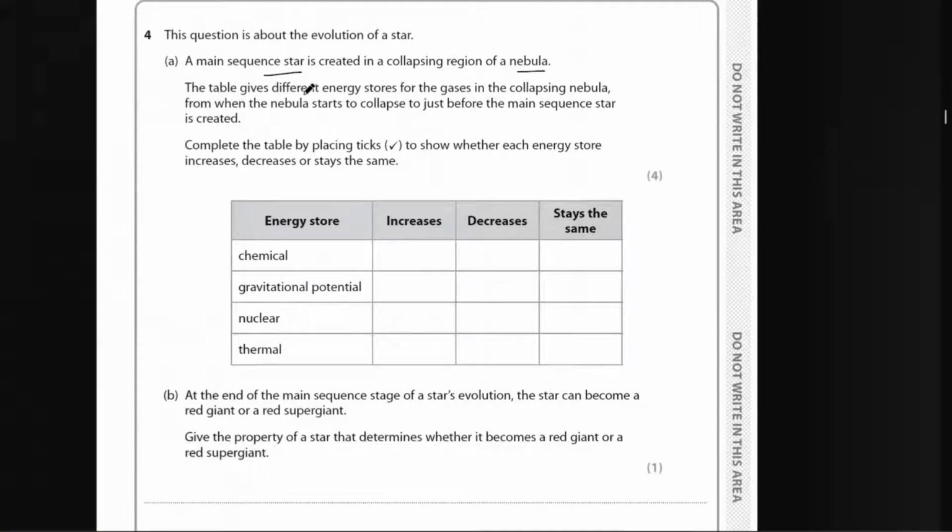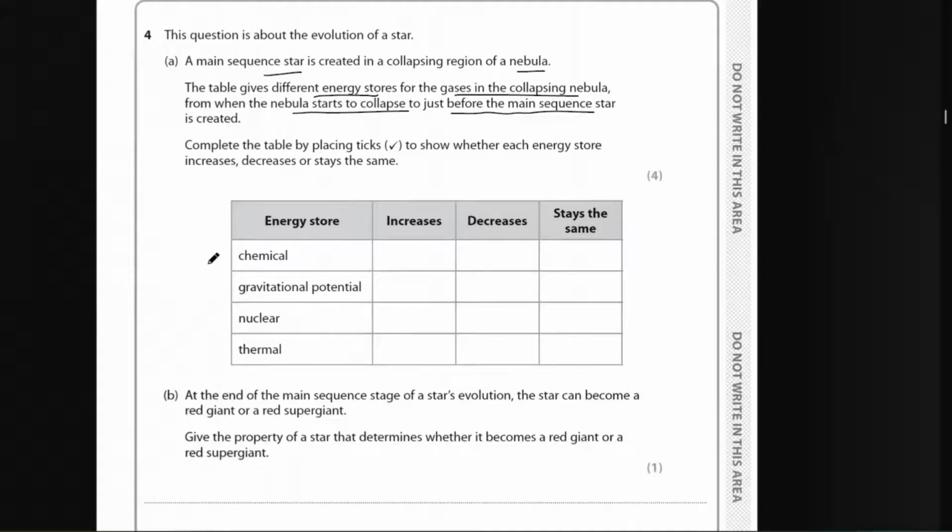The table gives different energy stores for the gases in the collapsing nebula, from when the nebula starts to collapse to just before the main sequence star is created. So from the collapsing stage to just before the star is created, what energy changes happen?